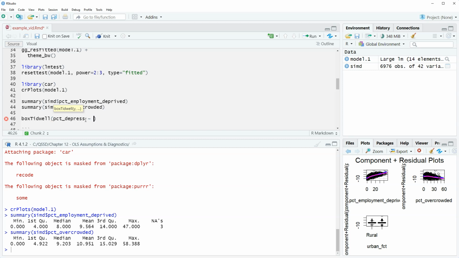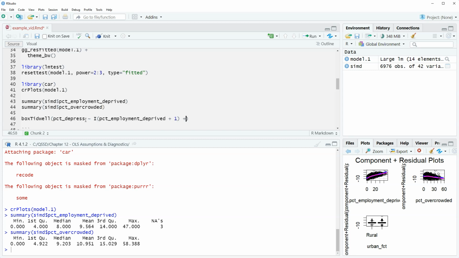Since we're not interested in the new versions of percent employment deprived and percent overcrowded that has the +1, this is a perfect place to use the I function. So we're going to do I, then open parenthesis, percent employment deprived, and then +1, right?